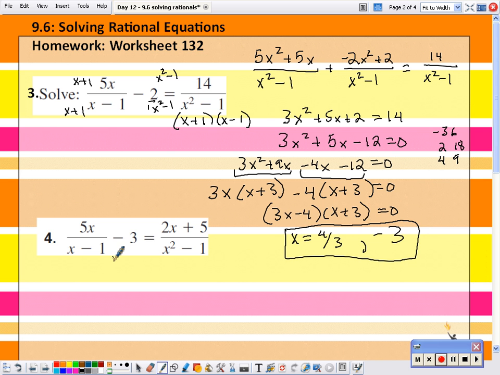Alright, number 4 is a lot like number 3. So I'll work on it silently and you work on it, and then you can look up and check your work. And I can equate my numerators because the denominators are all the same.